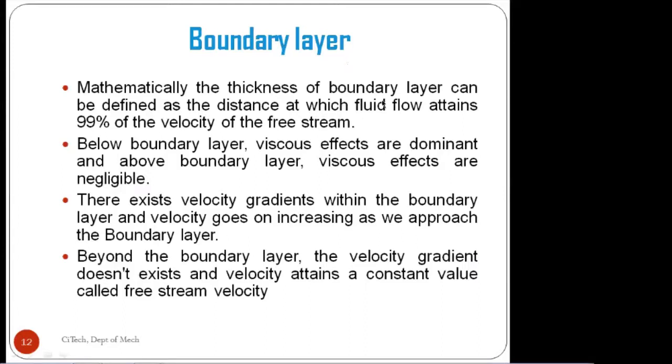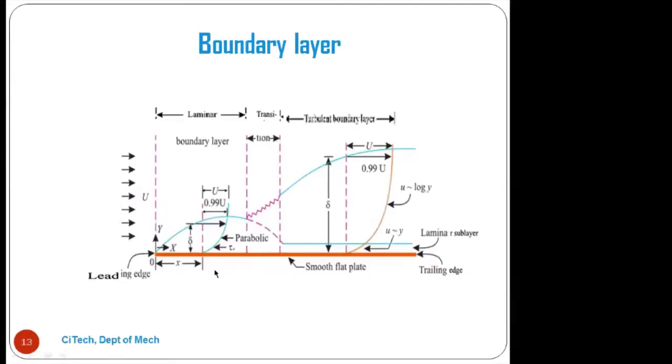Understand? Here it is the distance from the plate where the fluid velocity reaches 0.99 of the mainstream free-stream velocity of the fluid, which is called the boundary layer thickness.